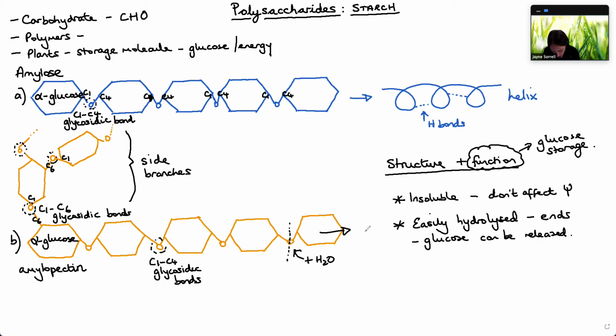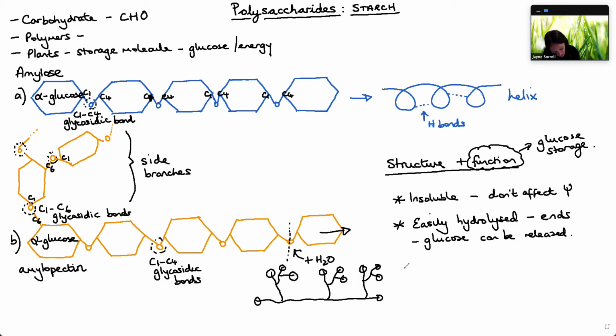I think of amylopectin in particular. There's the main chain, and you've got these side branches coming off like this. If you looked at it from a distance, it may look something like this. You can see, hopefully, that you've got these ends where enzymes can attach and break off glucose so that it can be hydrolyzed.